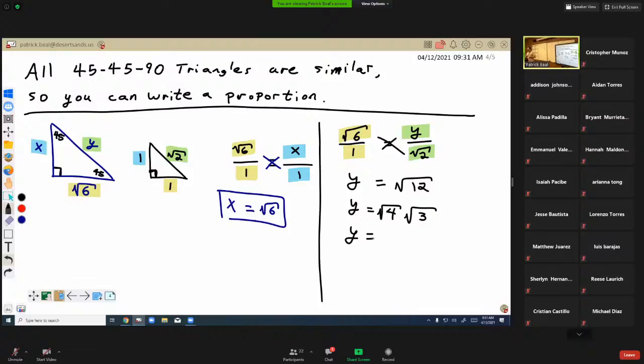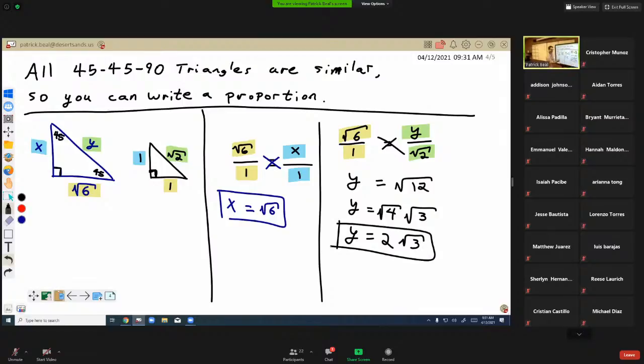What is the square root of 4? So we're going to get 2, and then the square root of 3.